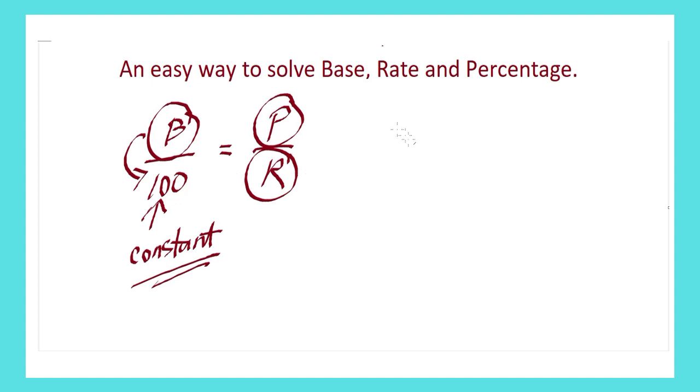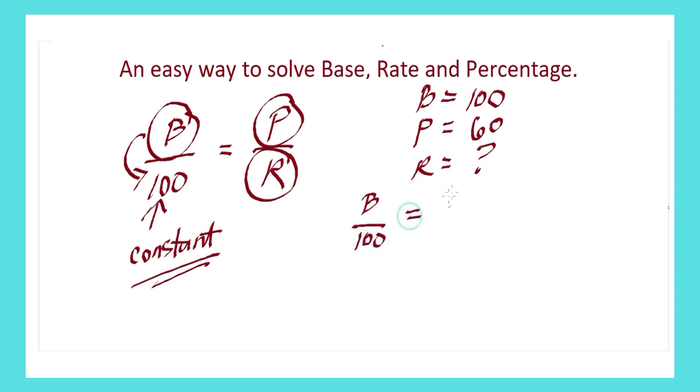All right, now let's take this as an example. B is 100 and our percentage is, let's just say, 60. And we are going to look for the rate. We don't know the value of R. So by using the formula, B over 100 is equal to percentage over rate, everything is given, you're just going to substitute it.